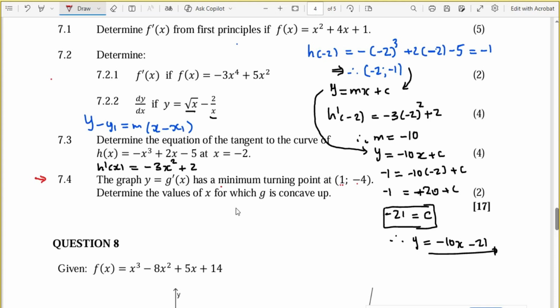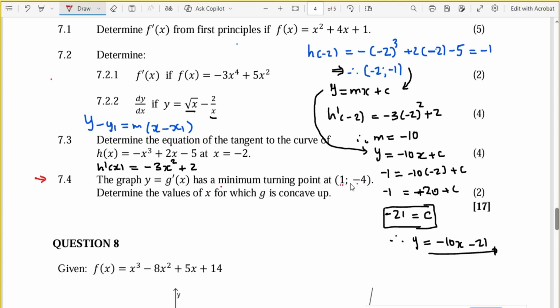Now, they say that the graph y is equal to g prime of x. And when you see the word minimum, just know that we're talking about the first derivative.